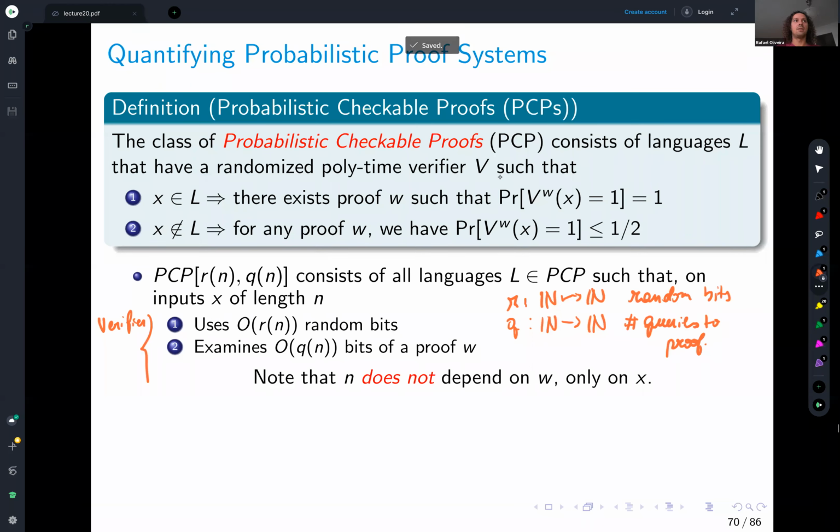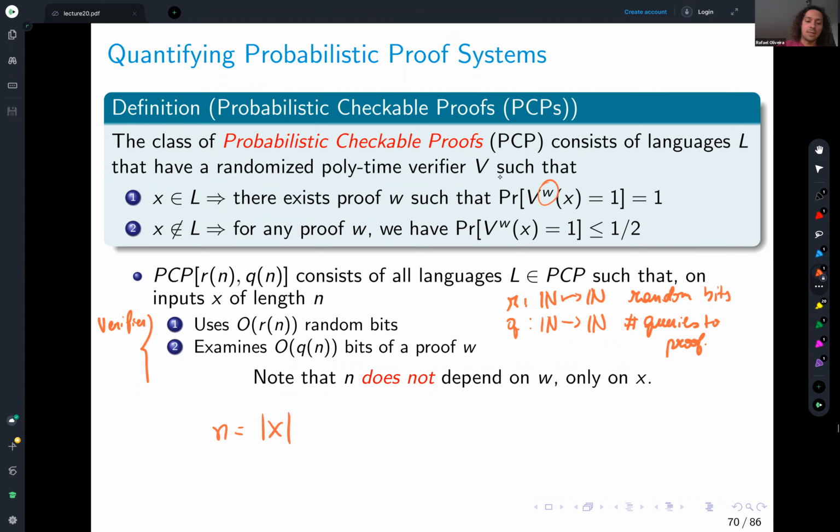Does that make sense? Remember, because we have an oracle W, the oracle can have any size, but R and Q are functions of n, and n is the length of x. So what are we saying?